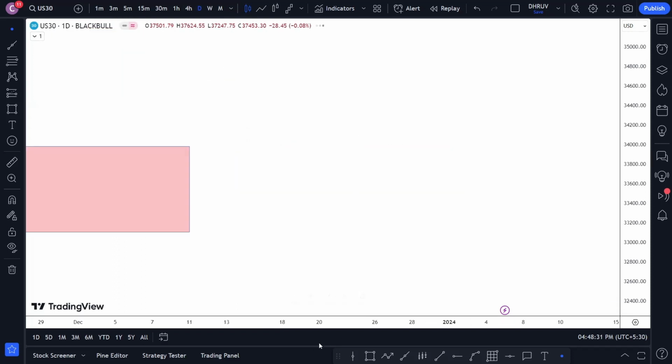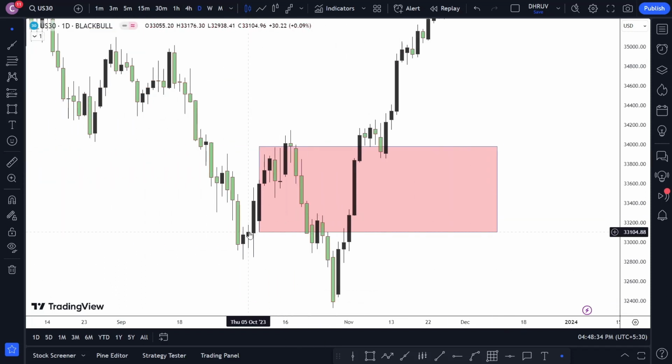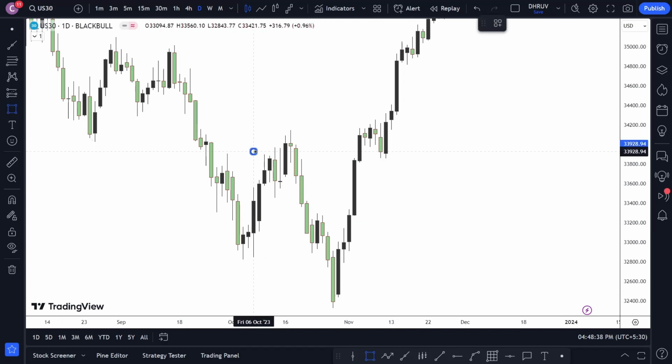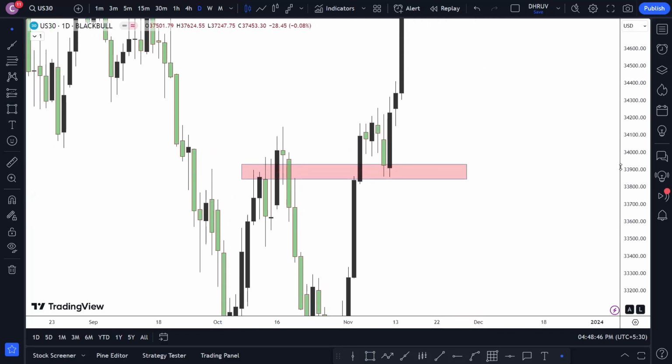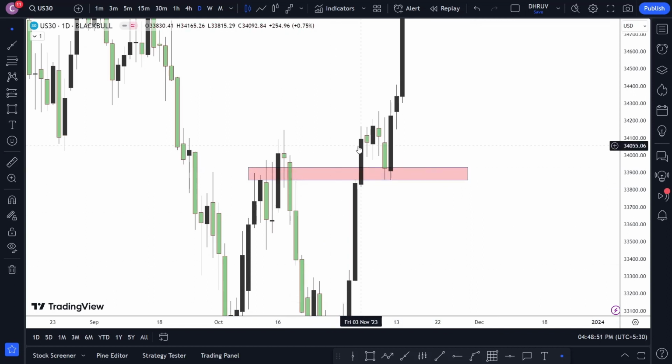So now if we look into the daily chart again, we simply see that this left shoulder has been ignored, right? This left shoulder over here has been broken.